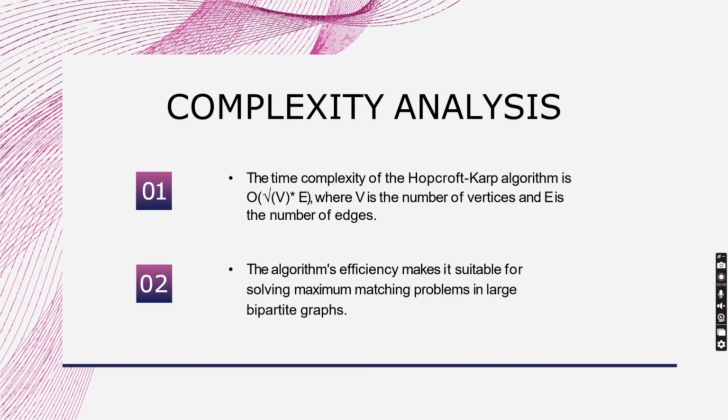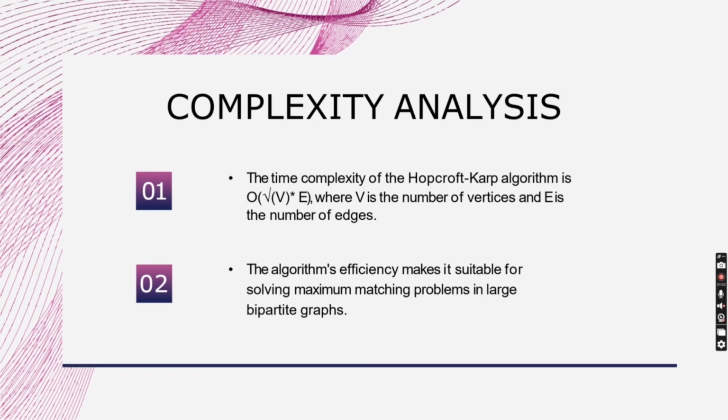In the best case scenario, the algorithm may terminate after a small number of iterations. This occurs when the maximum matching is found quickly. The best case time complexity of the algorithm is O(√V · E). The average case time complexity depends on the structure of the graphs and the distribution of edges.